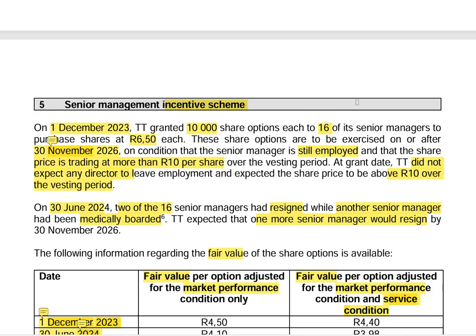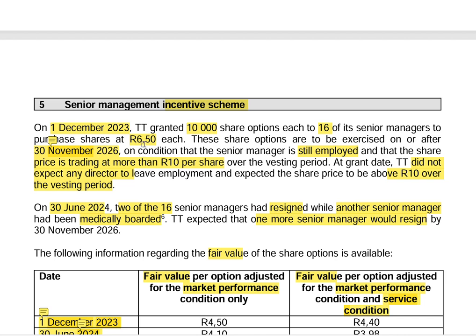In our scenario, the information about the share-based payment is sitting in part 5, where they talk about the senior management incentive scheme. They're saying on 1 December 2023, TT granted 10,000 shares per senior manager to all 16 senior managers of the company.